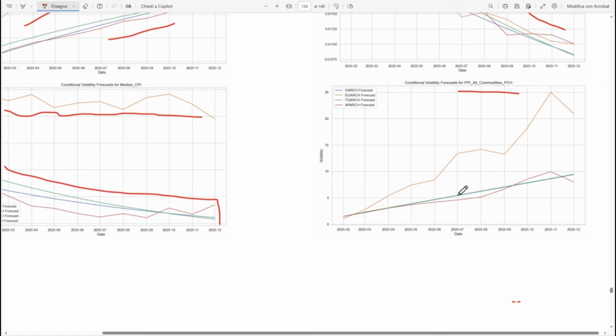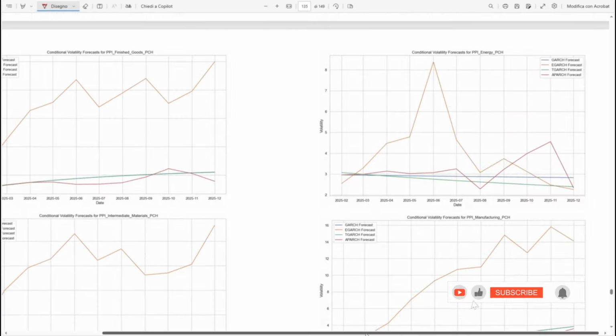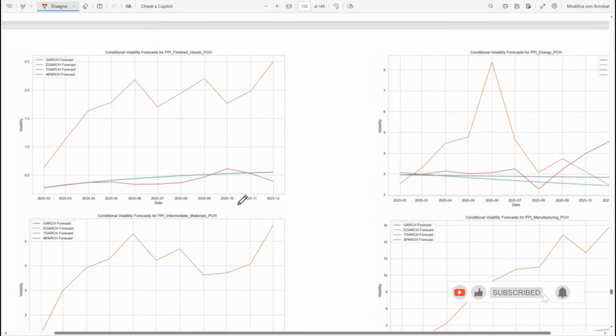So, producer price index for all commodities. The orange line or the yellow, which are the EGARCH model, tend to have a lot of asymmetry, while the other 3, the classic GARCH 1-1 model, TGARCH and APARCH, are more in line, and nevertheless we have a rising trend of conditional vol for producer price index, all commodities.